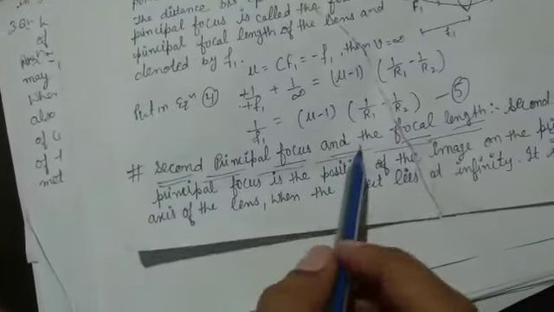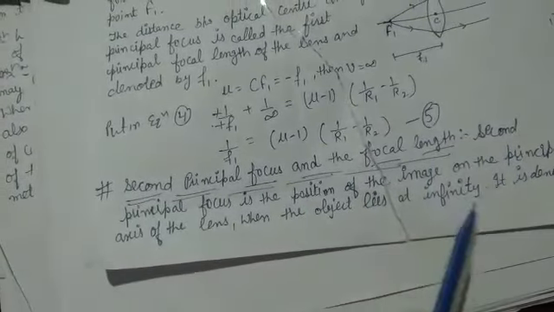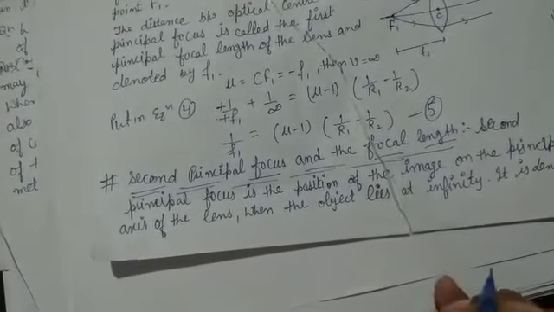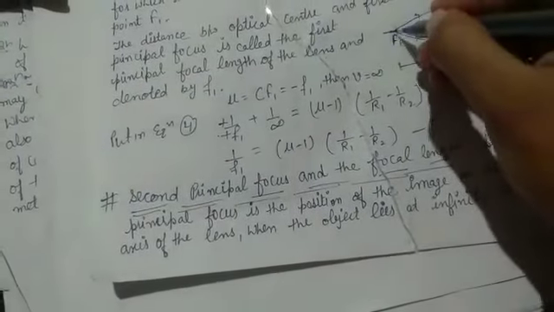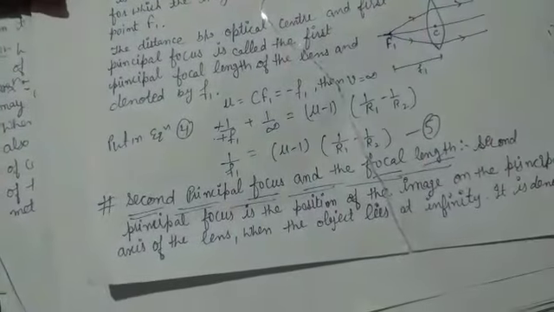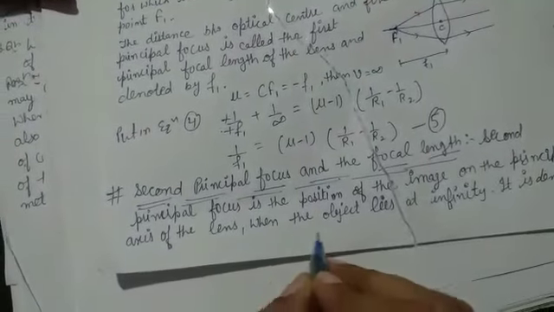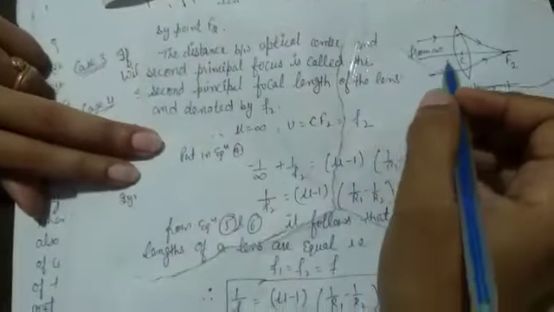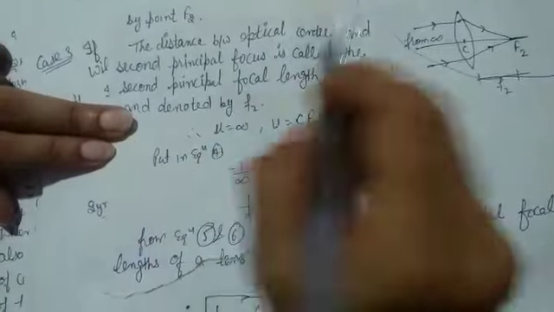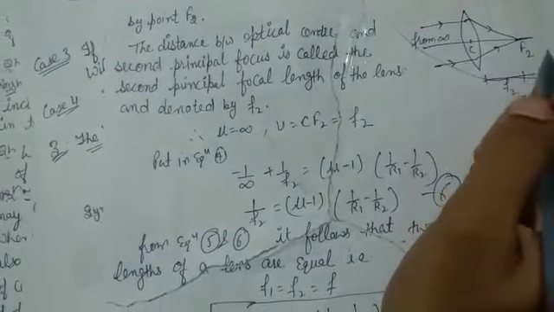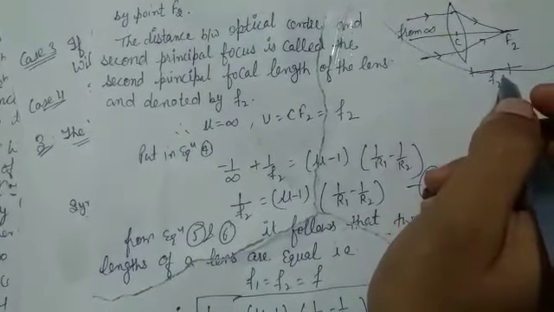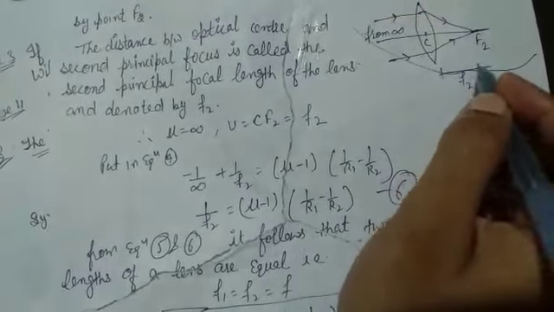Now the second principal focus and focal length. Similarly, in the first principal focus we took the object at the focus. Now in this case we take the object at infinity, and when the object is at infinity, the image is formed at the focus. So the distance between the optical center and the focus is called the second principal focus, denoted by f2.